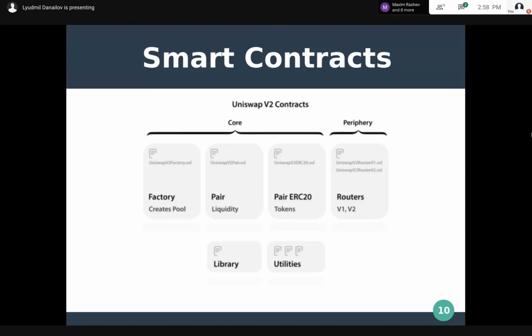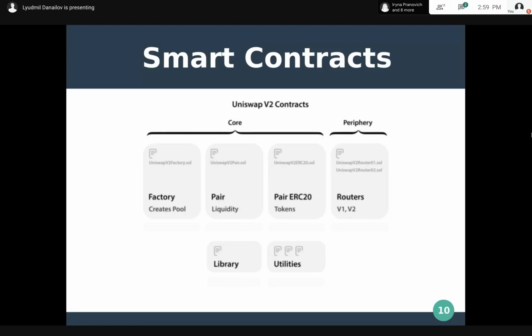So, do you know what is the difference between V1 and V2, or no? Yeah, V1 was for starters. V1 is implemented in Vyper, and V2 is implemented in Solidity, which I understood is more widely used. In V1, there are two main contracts, which are factory and exchange.